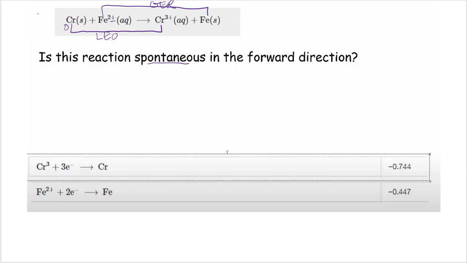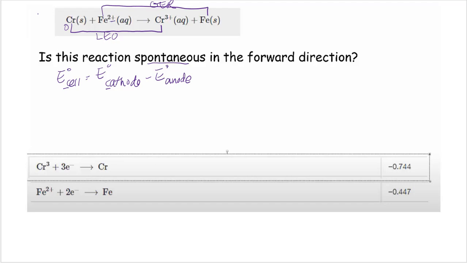All right, so then to find out my Ecell is my E cathode minus E anode. Remember, I've got my C's and C's next to each other.